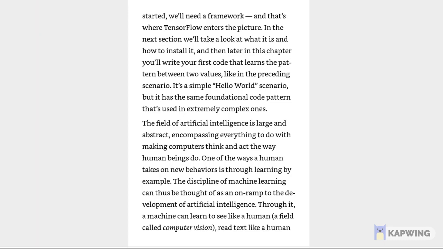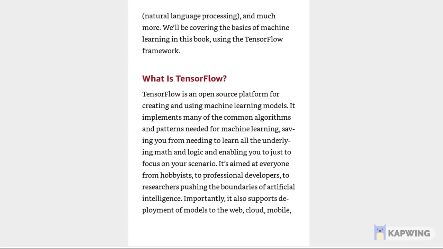One of the ways a human picks up new behaviors is through learning by example. The discipline of machine learning can thus be thought of as an on-ramp to the development of artificial intelligence. Through it, a machine can learn to see like a human, in a field called computer vision, read text like a human, natural language processing, and much more.